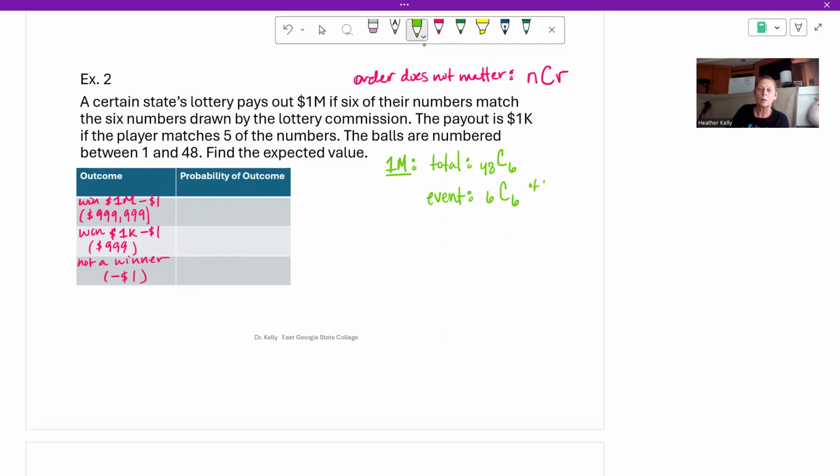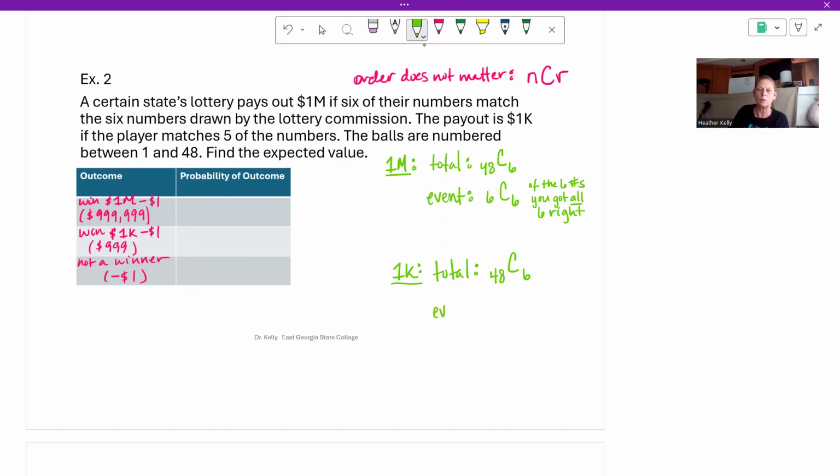So of the 6 numbers, you got all 6 right. That's what that means. Okay. So that's for the 1 million. Let's go ahead and do it for the 1,000. Again, the total is going to be the same because we're still playing the same lotto game.